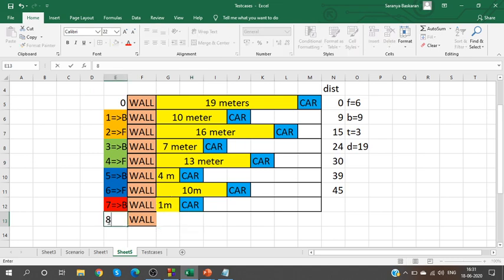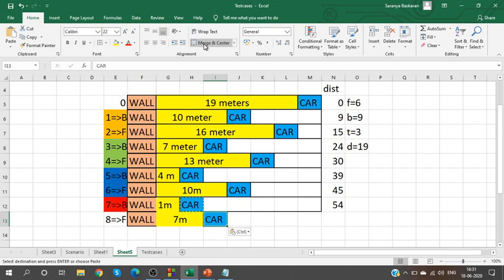So 8th step, we will move forward. Forward by how many steps? 6 meters. Okay. So here I have traveled backward by 9 meters. Total is 54. When I move forward by 6 meters, the distance will be 7 meters. Okay. So the car is placed after 7 meters. Can you understand this? Yes.